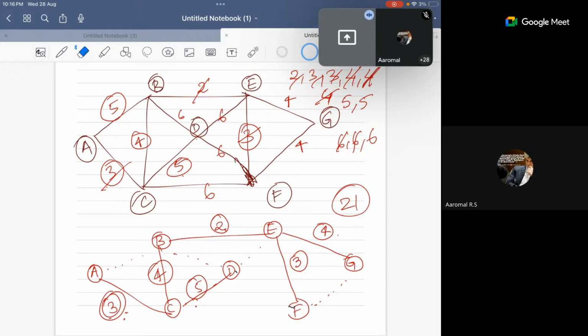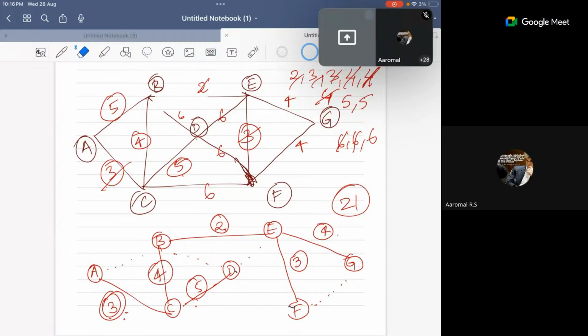So if you are using Prim's, you start with AB with 5. You'll see whichever edge is connected to A and B, the minimum one. Then you'll go to BE, because that is the minimum. This is how you work in Prim's algorithm. Both are simple, but in the exam, you can just use Kruskal.